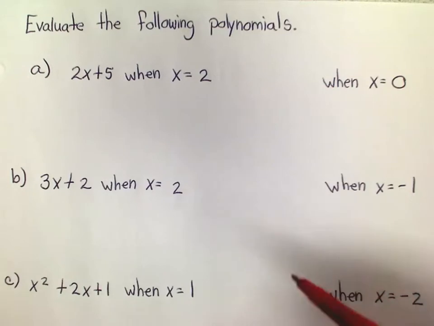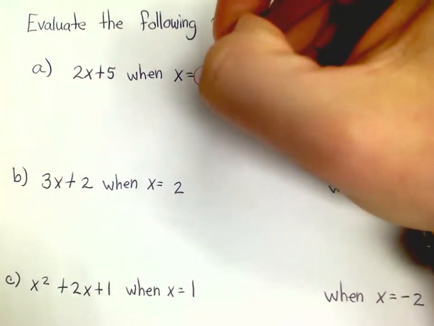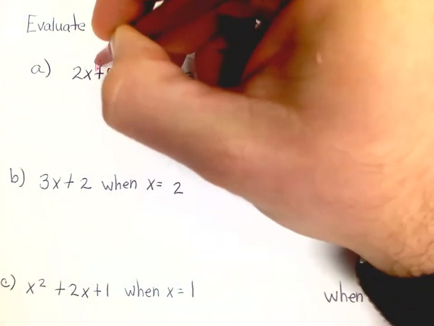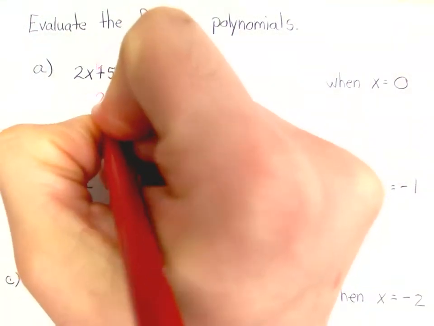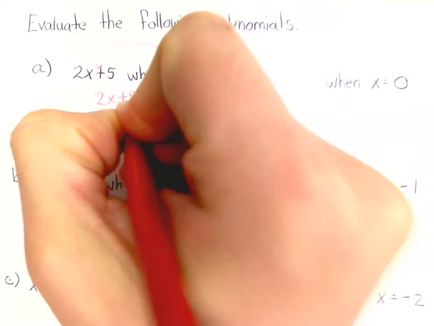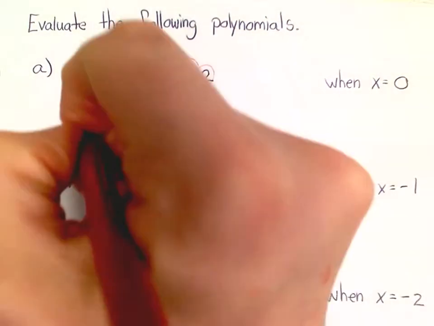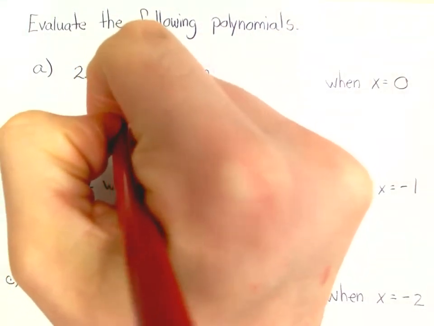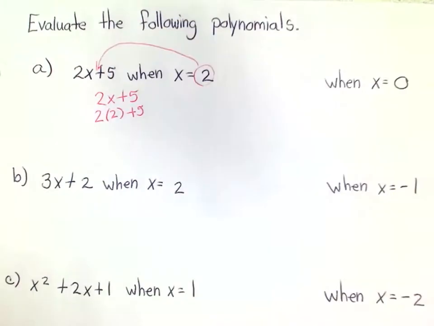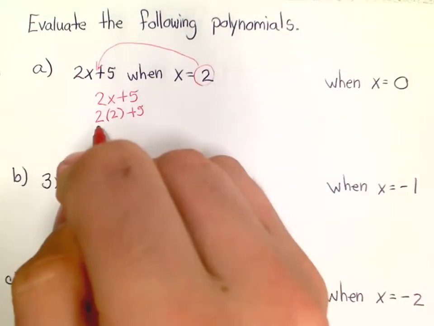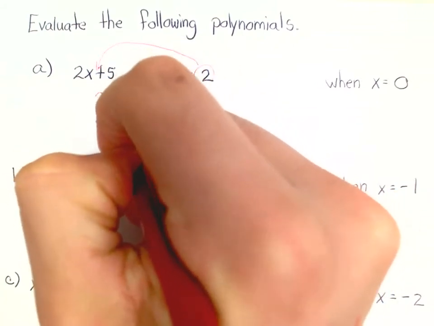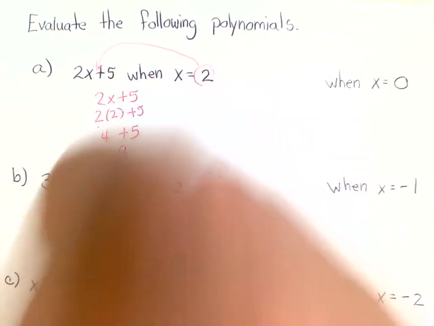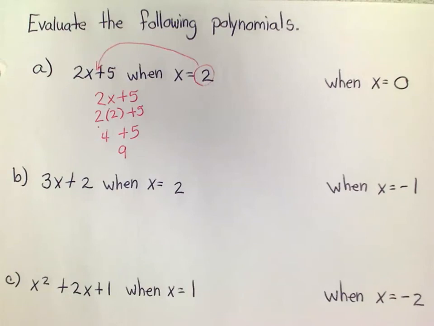All you have to do is take the value it gives you and plug it in for x and evaluate what you get. So 2x plus 5, let's let x equal 2, so we'll plug a 2 in for the x and we'll just evaluate. 2 times 2 is 4 plus 5, and when we get that, we're just equal to 9.